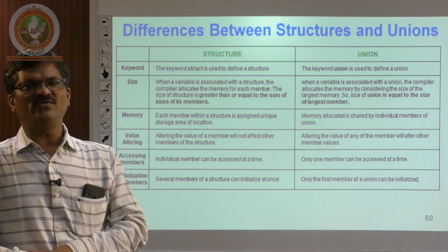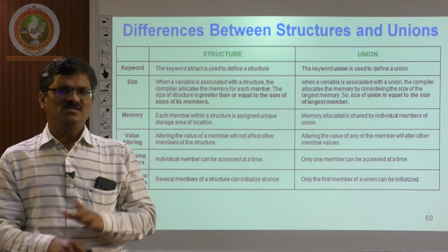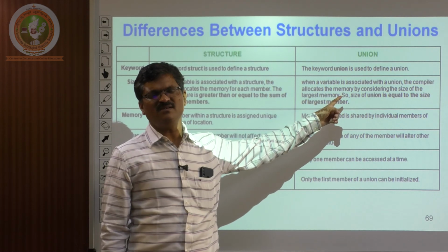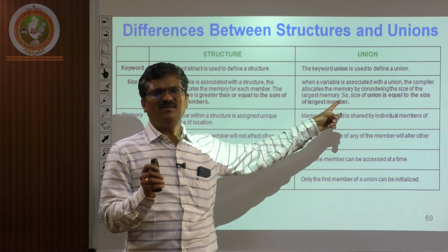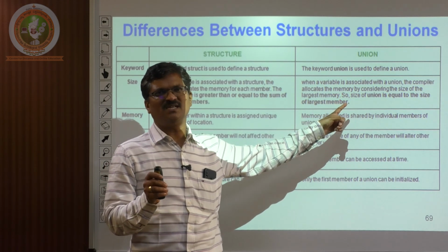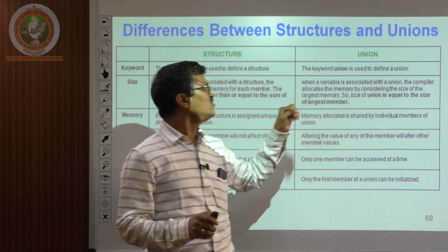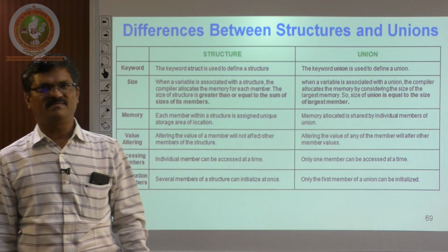Whereas, in the union, since the memory location is shared among all the members of a union, the size of the union will be equal to the size of the largest member.